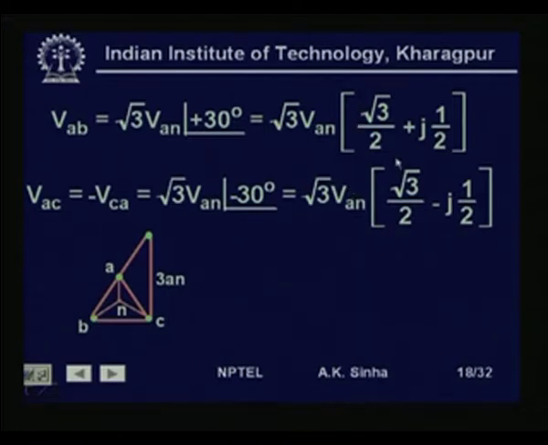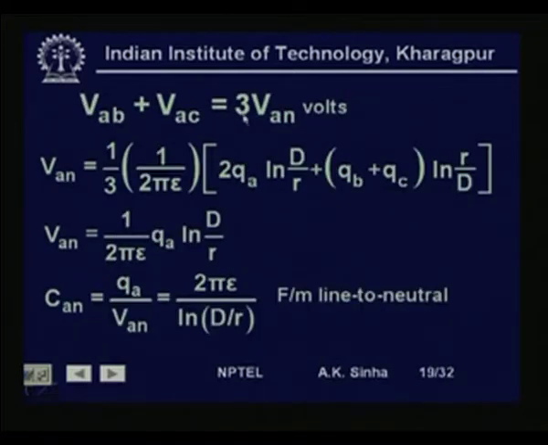So, that 2 will cancel out and root 3 into root 3 will give us 3. So, this will be equal to 3 VAN. Therefore, we will get VAN, that is voltage of phase A to the neutral, will be equal to 1/3 of VAB plus VAC.